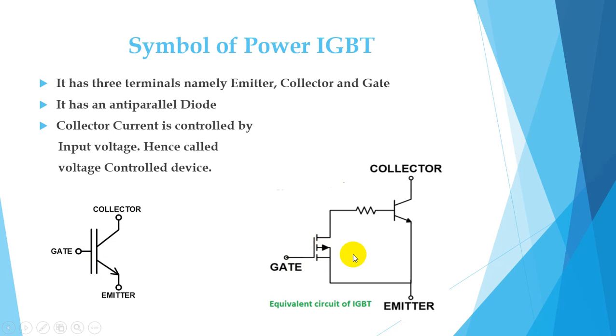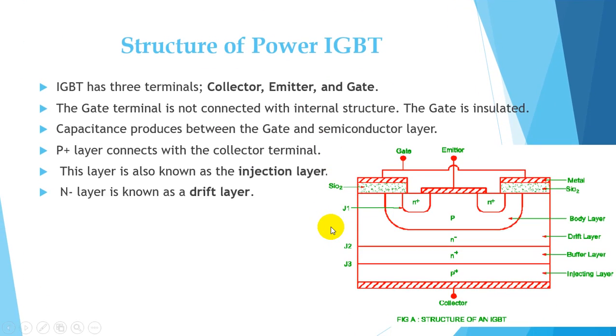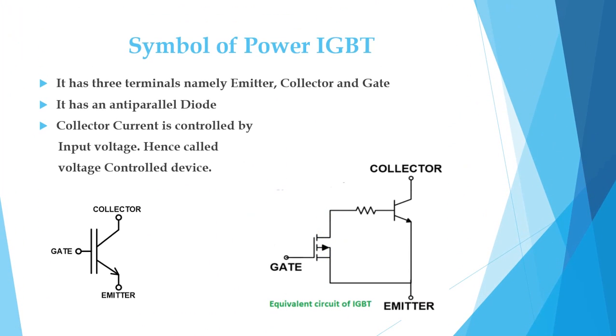This is the MOSFET, this is drain, this is source, and the drain is connected to the base of the BJT, and the source is connected to the emitter of the BJT. Like that we have the equivalent circuit. As I said, the collector current is controlled by the input voltage, hence it is called a voltage control device.